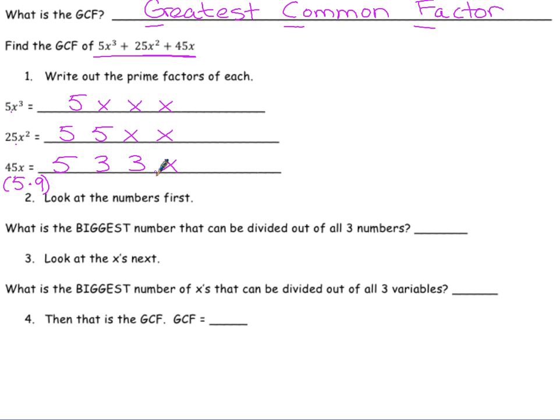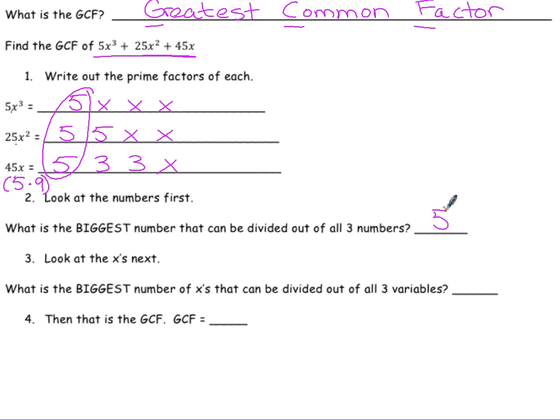And then x. All right, so we're looking for the number first. What is the biggest number that we could divide out of all three terms? It looks like the biggest thing they have in common is 5. Then, what is the biggest number of x's we can pull out of all three terms?